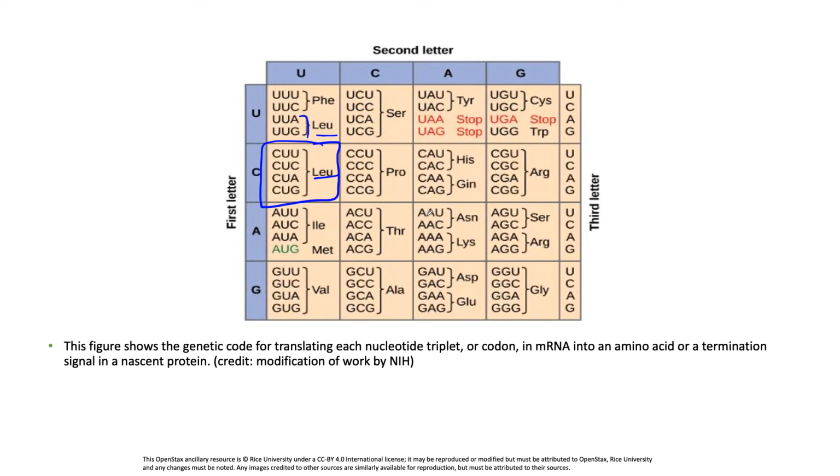So what we'll see toward the end is that sometimes that's a good thing, because if a mutation occurs, if the original sequence is CUU, and there's a mutation in this particular nucleotide and there's an error, and what we get is CUC, well, there's a mutation in the DNA or the RNA, but when that is actually produced into a protein, we won't see any effect because both of those code for the amino acid leucine. Now, the other thing I'll say is this genetic code is conserved across organisms, so bacteria, plants, animals, same genetic code.